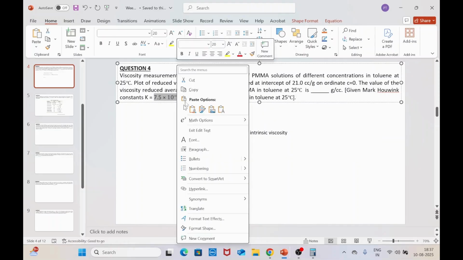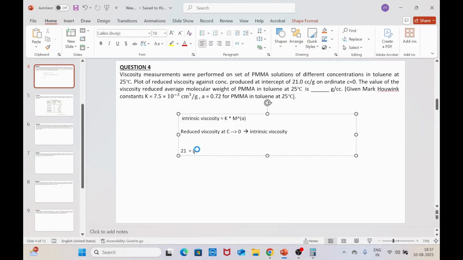I am just going to copy paste, times your M, that is the average molecular weight which you are supposed to find out, to the whole power A. A is 0.72, which is given. So what is the value of M?